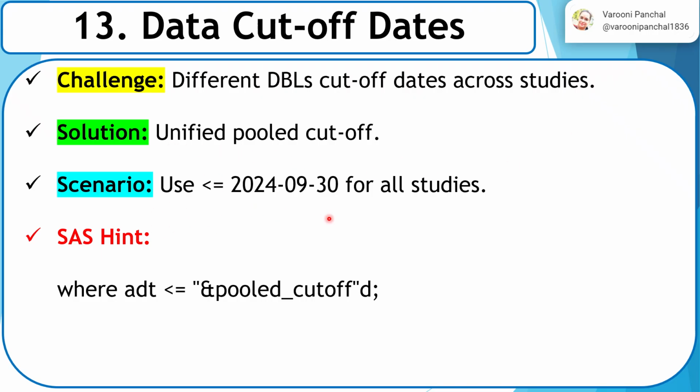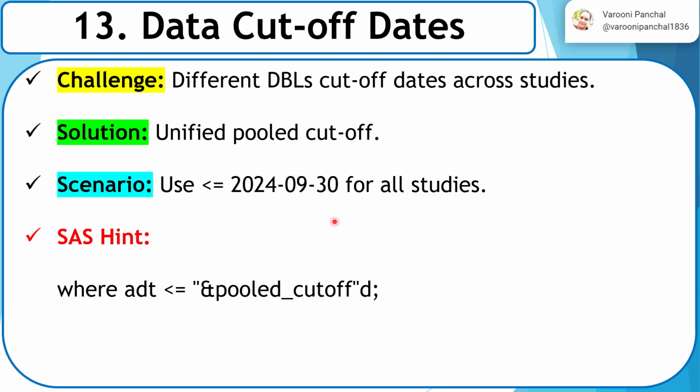So you can use a specific date for all those studies, that I want to extract only those data which is less than or equal to this specific date, right? So this is my pooled kind of cutoff, right, which I have designed. So you need to also come up with this cutoff.